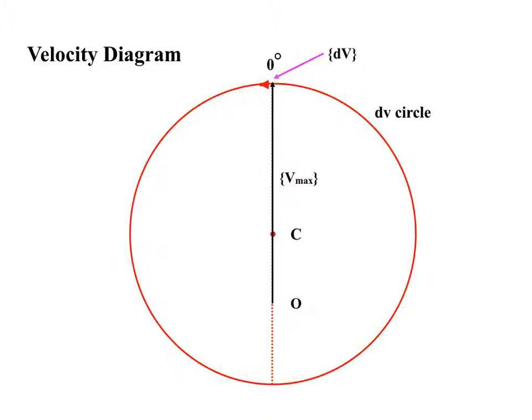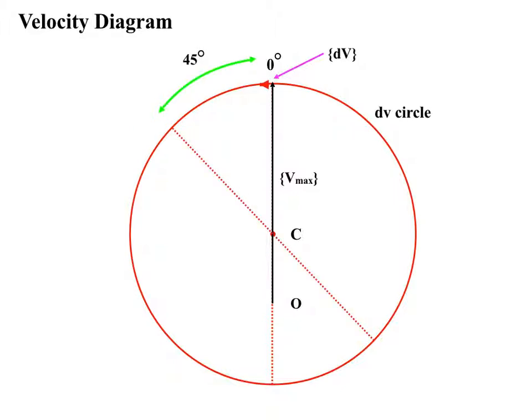Now we have our velocity vector factory. Let's say we want to find out the velocity vector at 45 degrees azimuth. First, we measure out 45 degrees along the circumference of our dv circle.